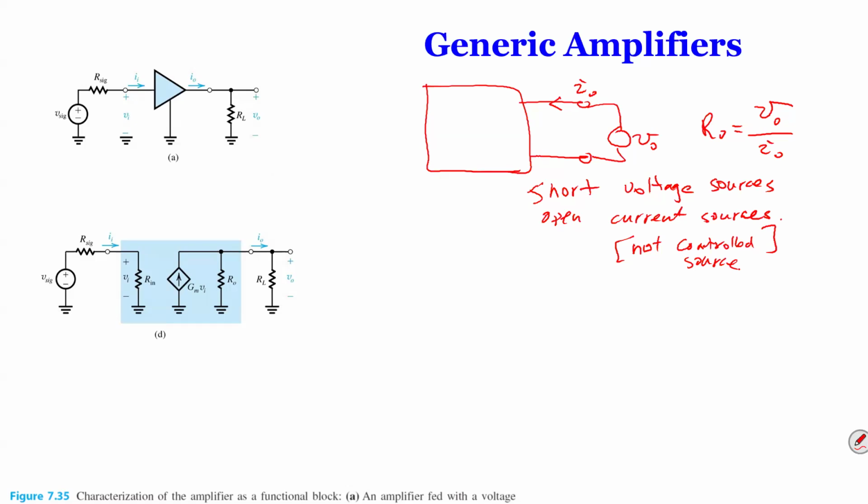Okay, so now let's do this equivalent circuit over here and try to see what happens. At the input side, we would short the voltage source, so it's like this.